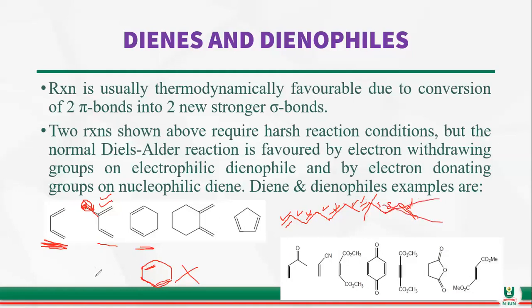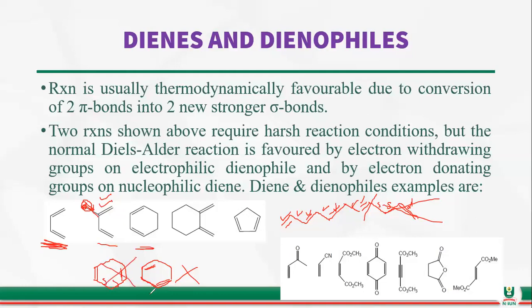So if I give you another compound, see whether this one can be a good diene. Despite the fact that it has two double bonds that you can call a diene, is it a kind of diene that will work in this other reaction? This is a diene, but those two double bonds are not in conjugation to each other. See, double, single, single, before you now get to double.